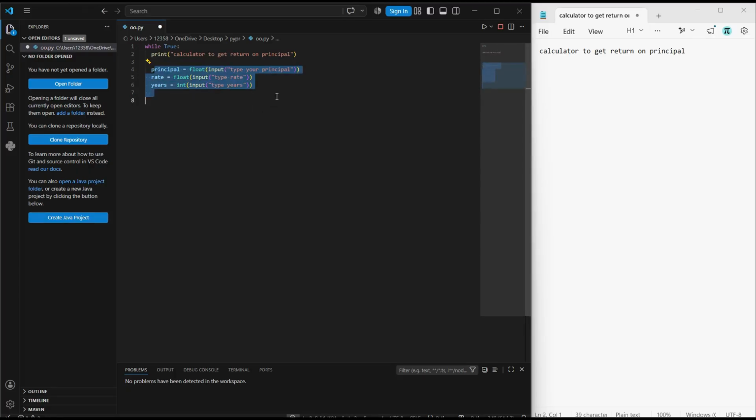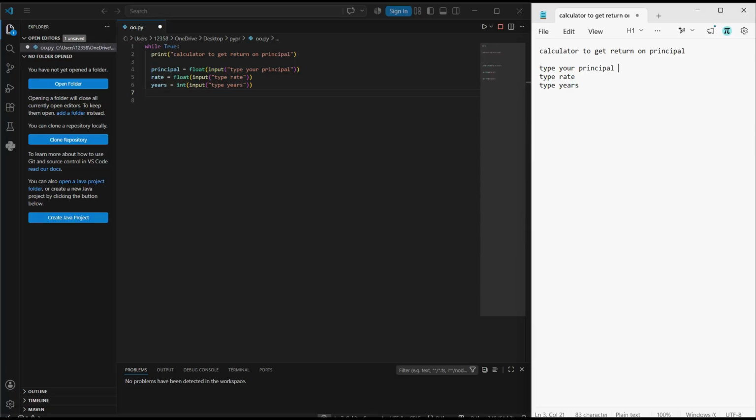So these are the very first three lines, and as soon as the user opens the calculator we are making right now, he will see these three lines: first line, type your principal, second line, type rate, third, type years. As soon as the user opens their application, they can type their values.